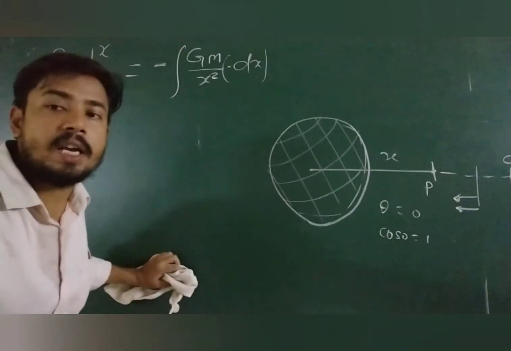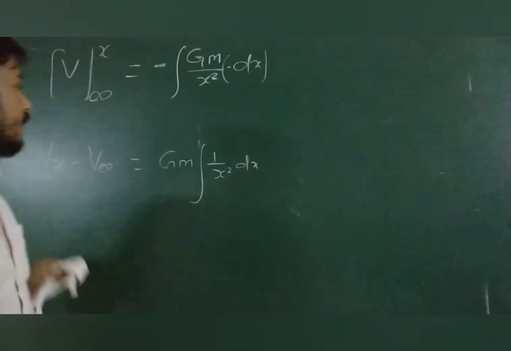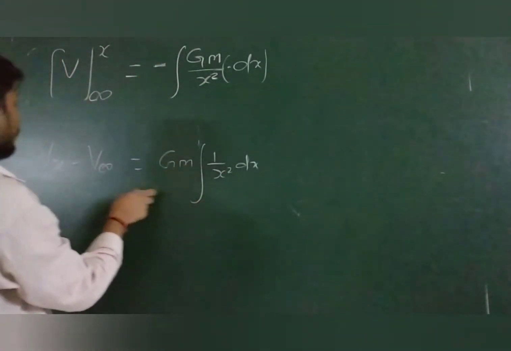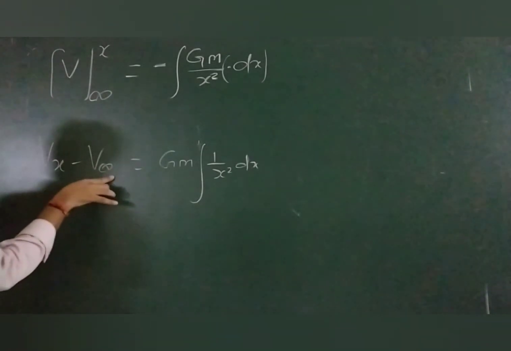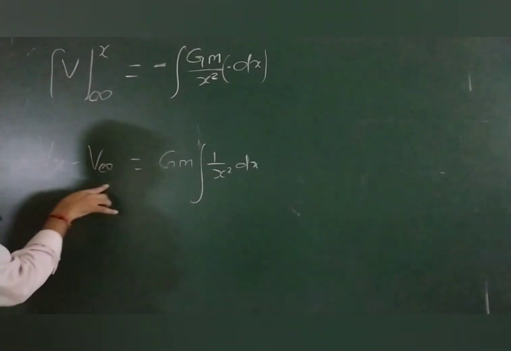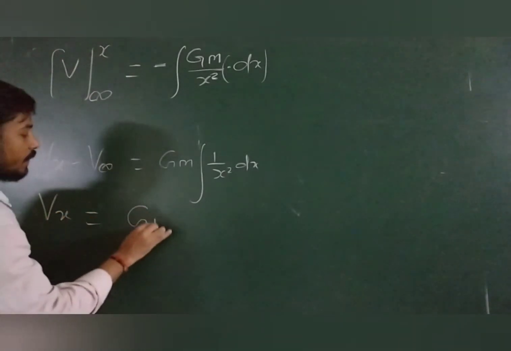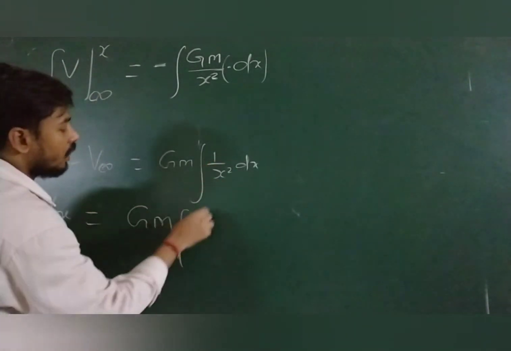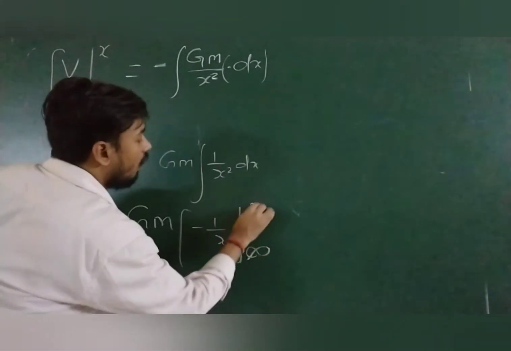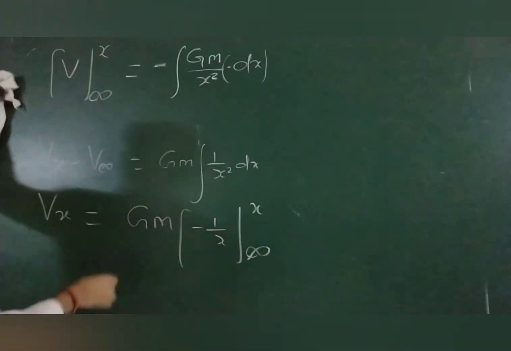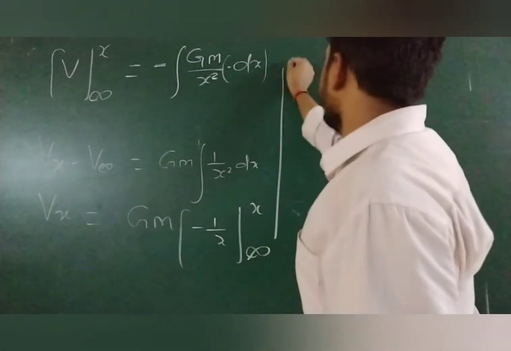So this negative and this negative become plus. The potential at infinity is 0 because it is our reference point. So Vx is equal to GM times the integration of 1 by x square, which is minus 1 by x, with limits from infinity to x.